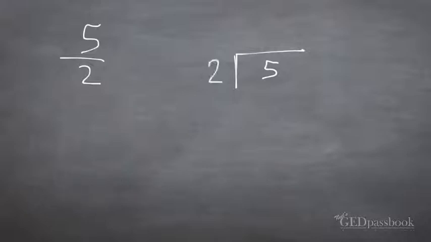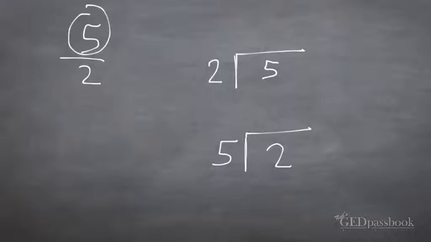You don't have any idea how many times I give this out and I see in the students' math problems that they do this, because it kind of makes sense. It's a very small common mistake, but just check yourself that you don't do that. So the 5 goes on the inside, the 2 goes on the outside, and now you divide.